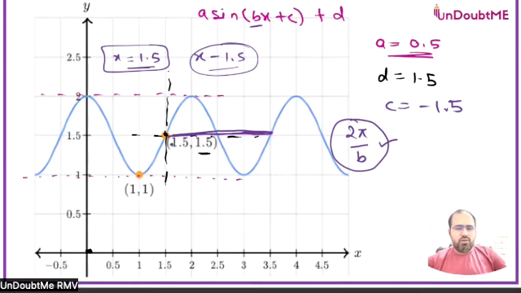Whatever number is given over here, it is the total span. If we see the total span over here, it is going from 1.5 to 3.5. We are talking about one complete cycle. So that is 2, from 1.5 to 3.5.